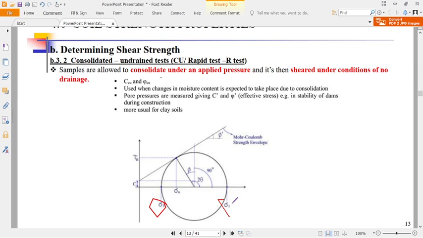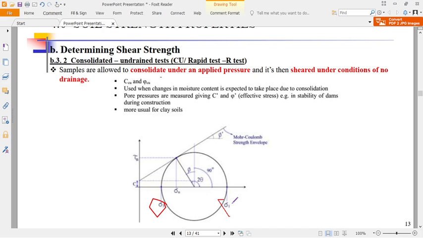Okay? Remember, in dams there is fluctuation in water levels, so there will be conditions of no water and conditions of water. So you need to monitor to determine the strength in such conditions. It's used more usually for clays, where there is free drainage. Is that okay? Where you anticipate that there will be drainage or there will be consolidation. Is that okay? Then you determine the strength under such conditions.